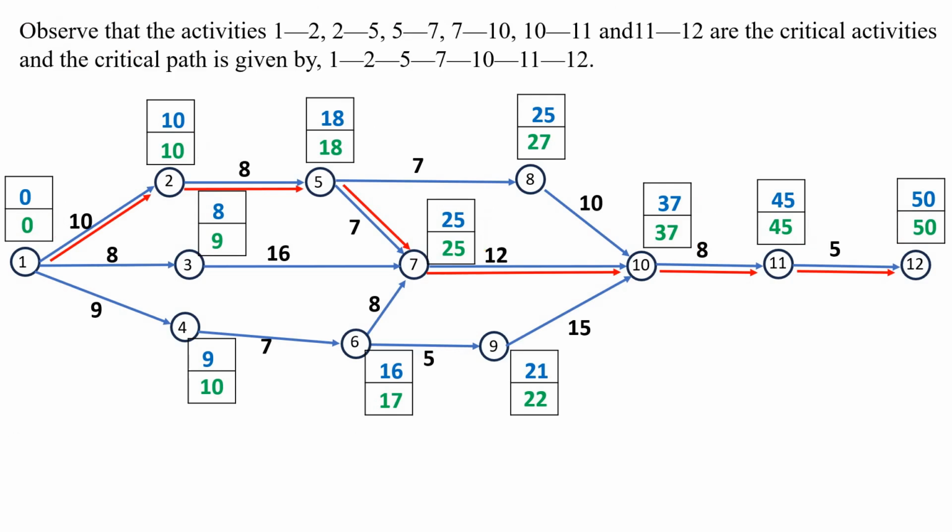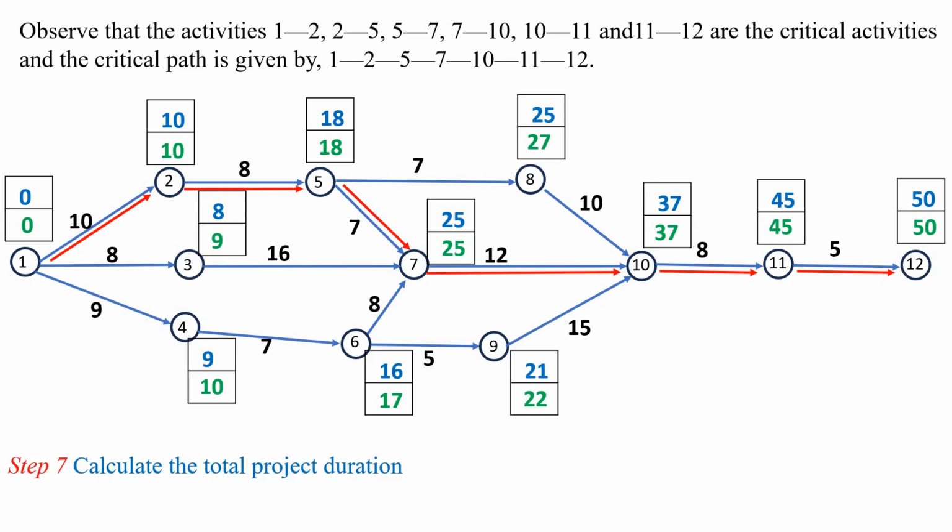So here observe that activities 1 to 2, 2 to 5, 5 to 7, 7 to 10, 10 to 11 and 11 to 12 are the critical activities and the critical path is 1, 2, 5, 7, 10, 11, 12.